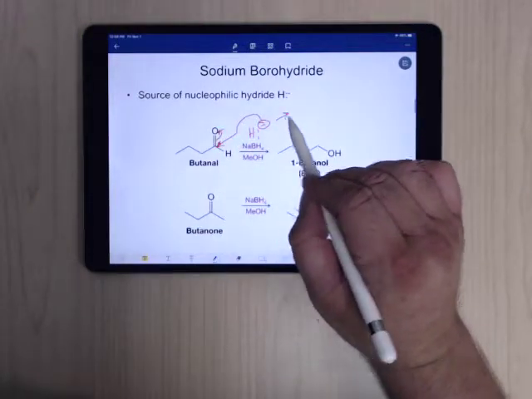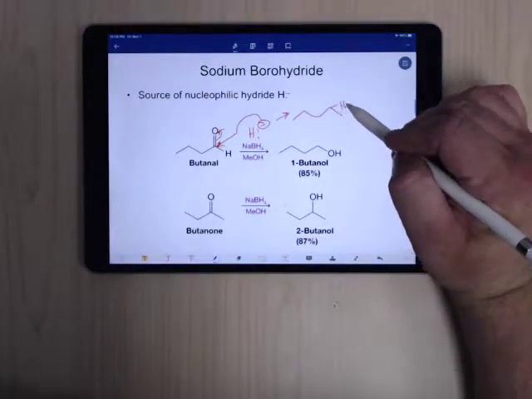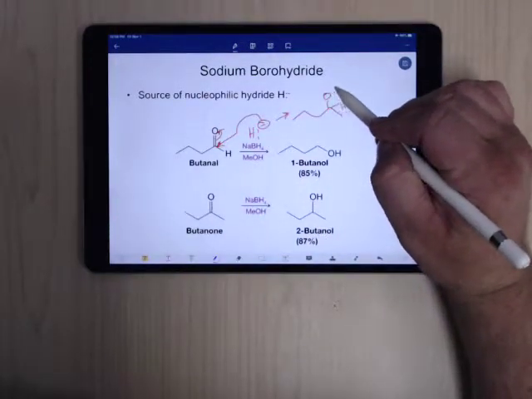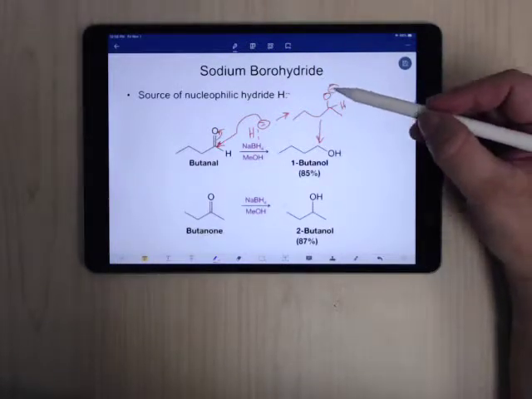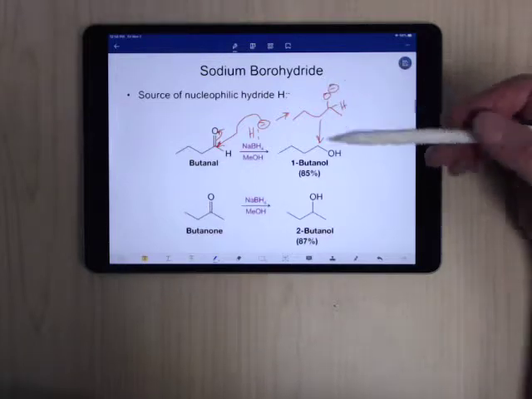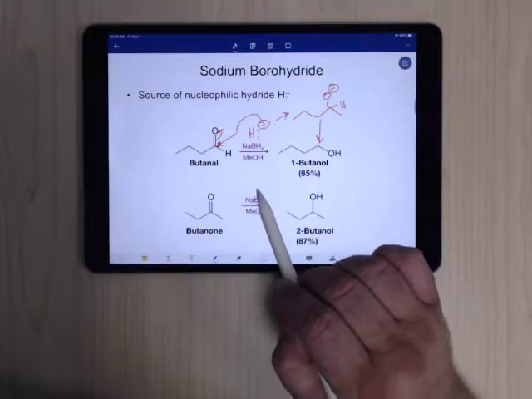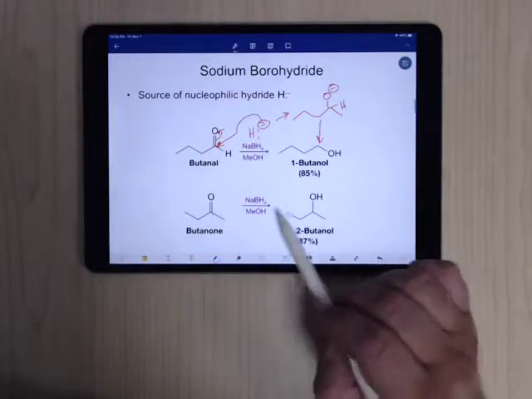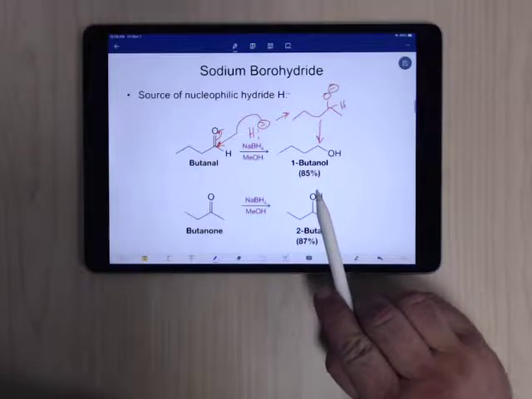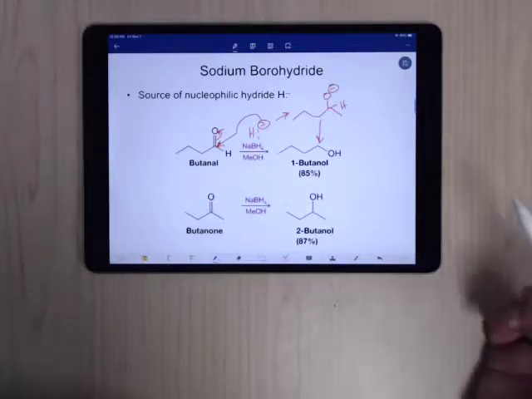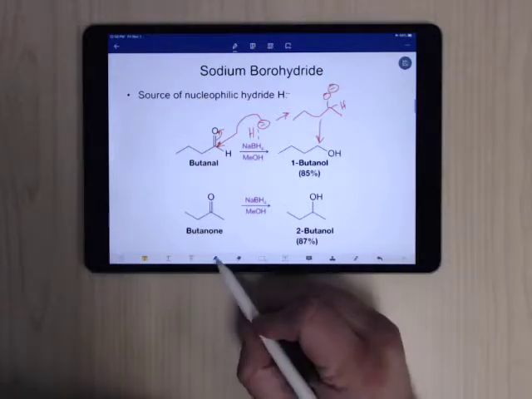You're going to end up making the O minus, which then in the workup gets an H. It pulls one off when you dump in some water or something like that. Same thing happens here. You come in, you do a nucleophilic attack, that kicks that up to make the O minus, which then gets converted into OH during the workup. Same thing happens with the lithium aluminum hydride.